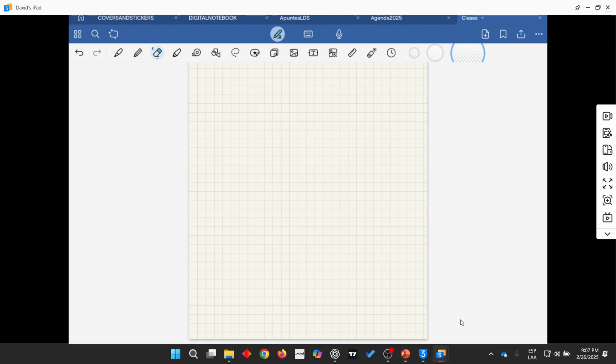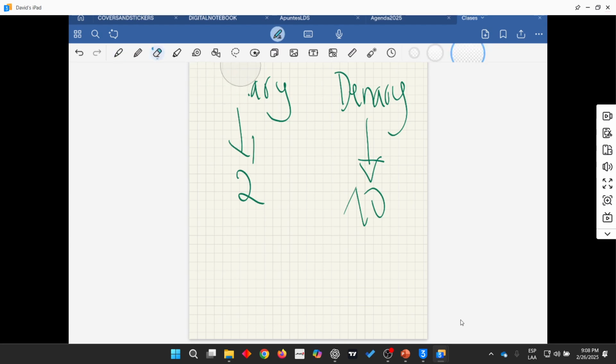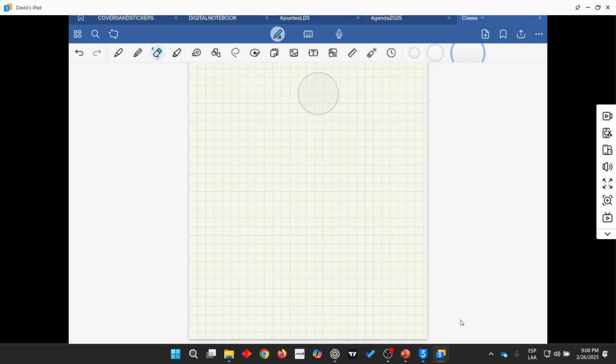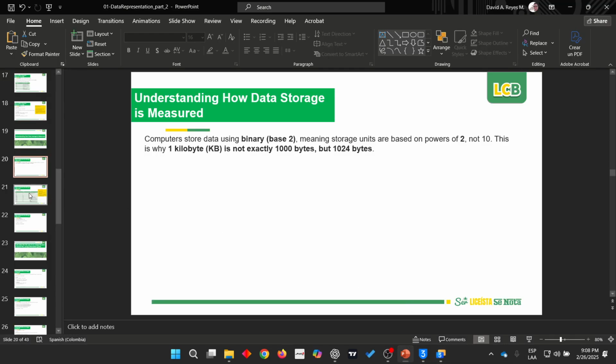Remember, computers always use binary, and we as humans use denary. This one is base 2 and this one is base 10. That is the reason you are going to find something new. I know that you haven't heard this before, so let me show you.